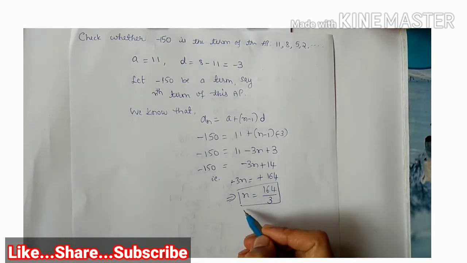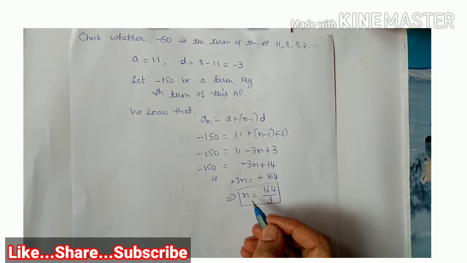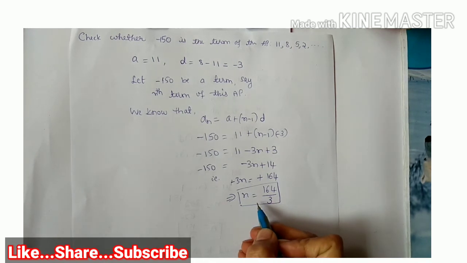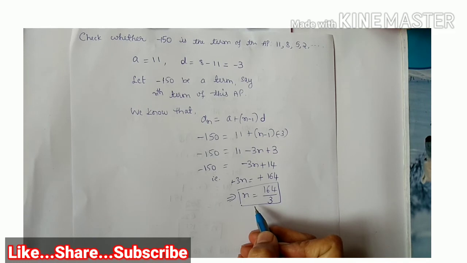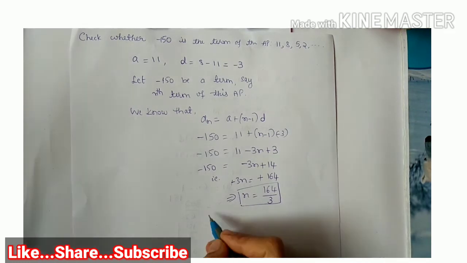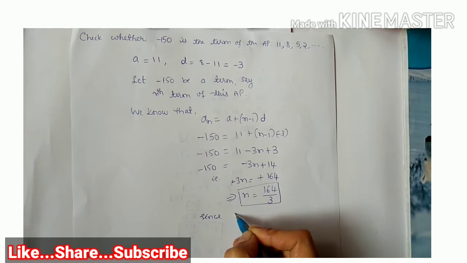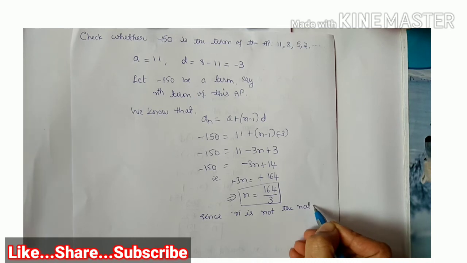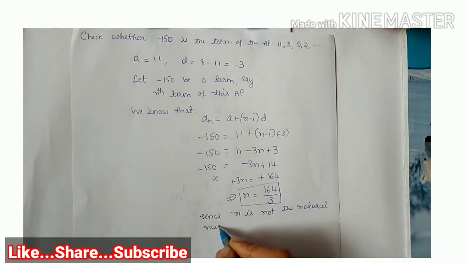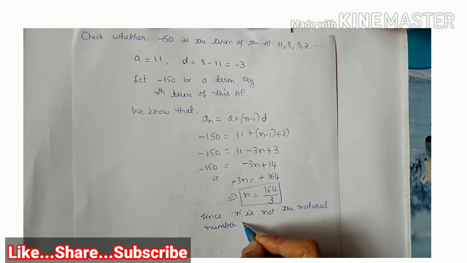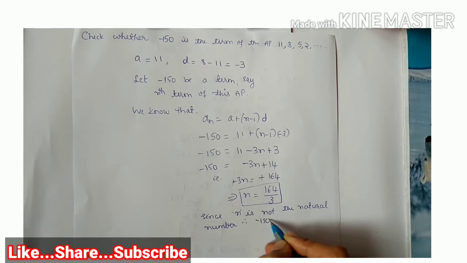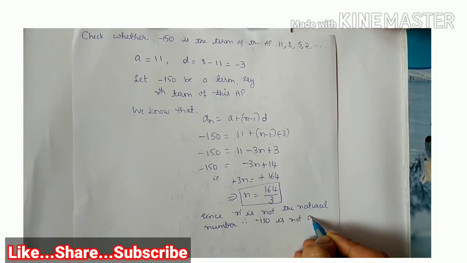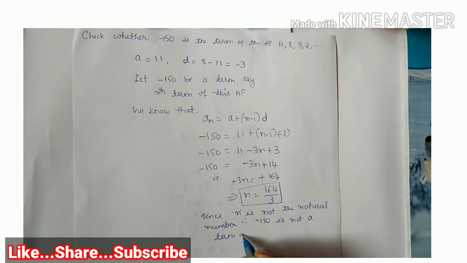Here also n is not a natural number. Since n is not a natural number, therefore it is not a term of the given AP.